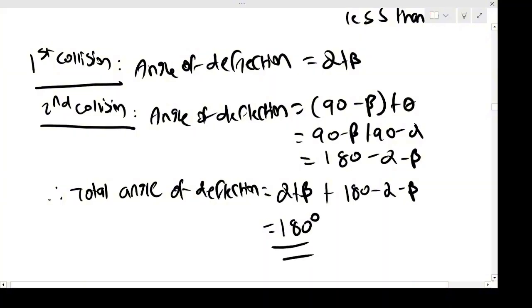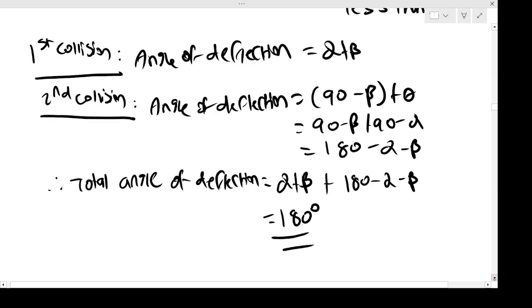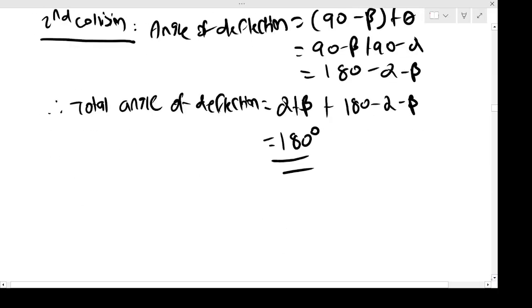And that's quite a significant result, because remember, we looked at this in the common techniques. When it's 180 degrees for the total angle deflection, that's telling me overall I've turned by 180 degrees. So if my initial direction or my initial velocity looked like that, then at the end, if I rotate by 180 degrees, I'm going to be on the same sort of line, but in the other direction. I've reversed, right? So that's what they're looking for.